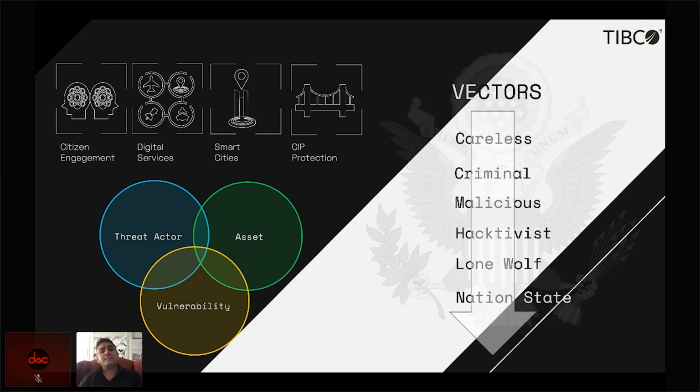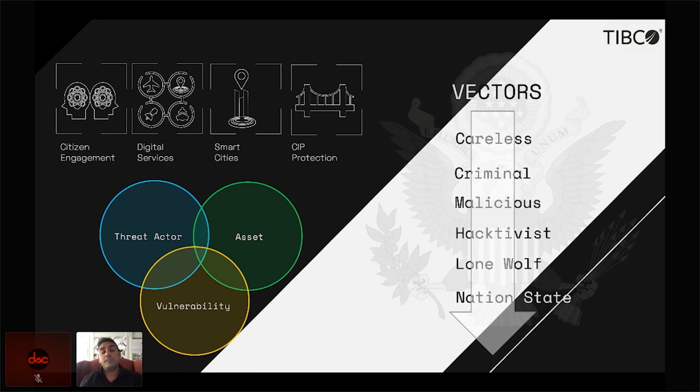We have hacktivists, individuals aligned with some political stance or a social media stance, who want to provide some sort of cyber intrusion in order to further those aims. Also, we have lone wolves. Lone wolves are doing it because of their own ideology, specifically to push forward their own specific gain.